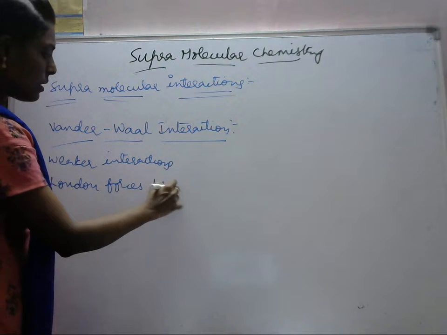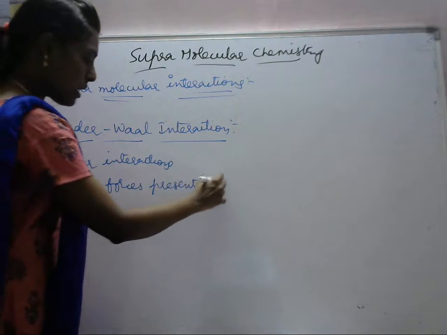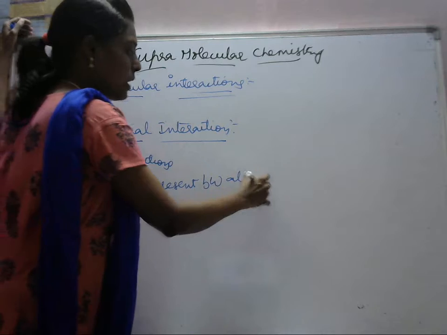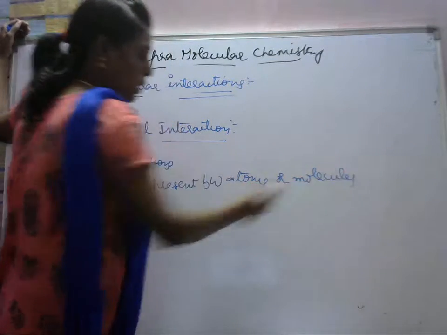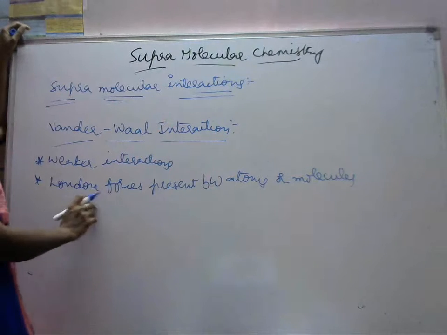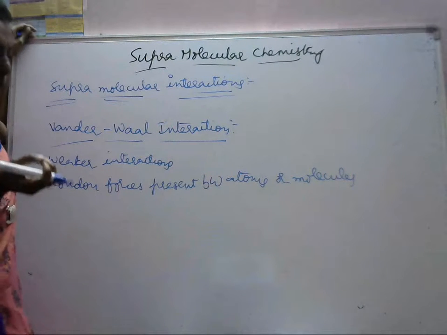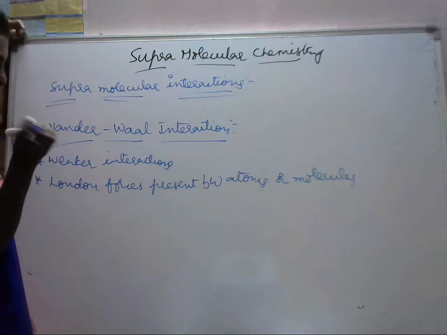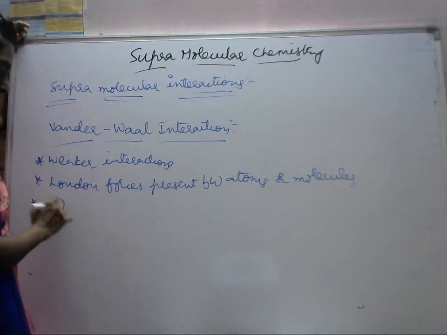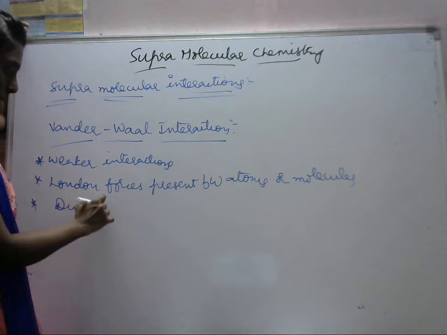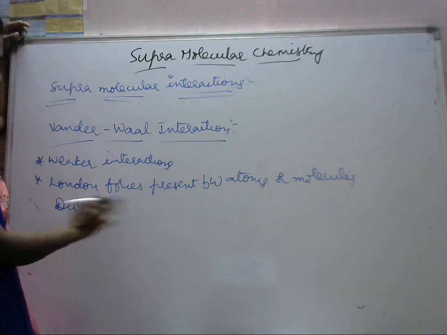London forces are small interactions present in this one. The next one is due to fluctuating electrons.